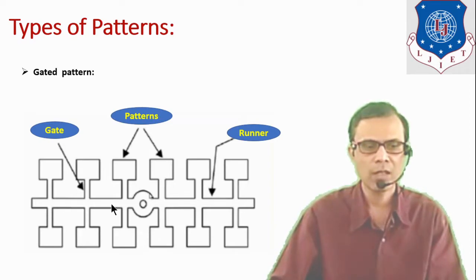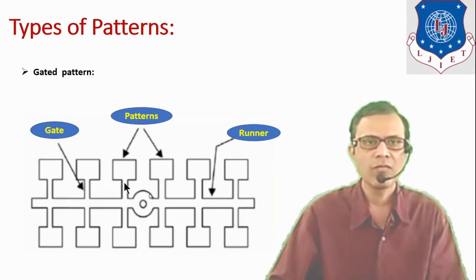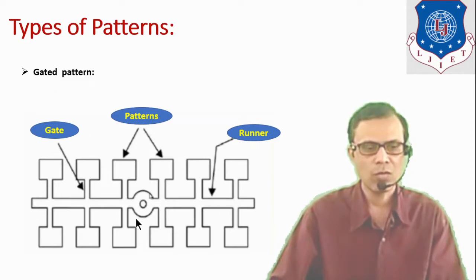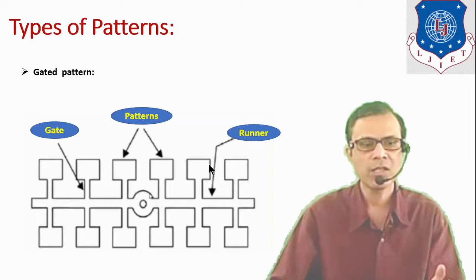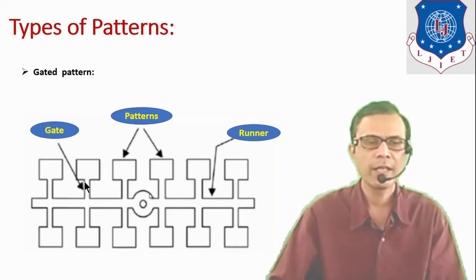Through this runner, molten metal will be flowing and it is a gate through which the molten metal will enter inside the mold cavity. All these are the patterns. So all these patterns are attached to a common runner with individual gates. It is known as a gated pattern.